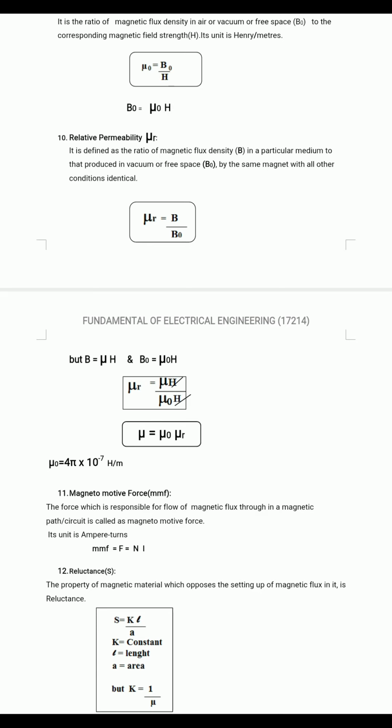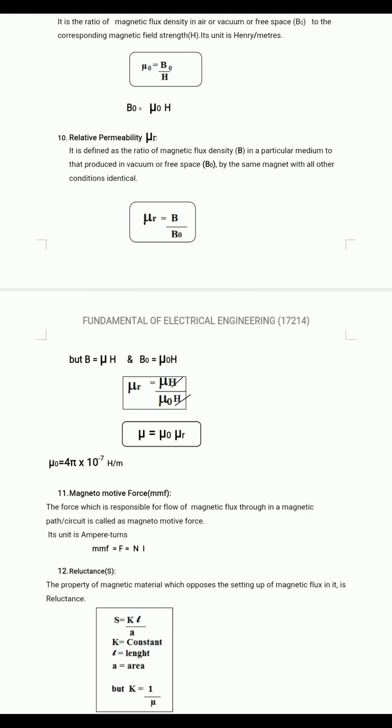We have seen resistance, which is the property of a conductor which opposes the flow of current. In an electrical circuit there is resistance, whereas in a magnetic circuit the magnetic material has the property which opposes the setting up of fluxes. This property is called reluctance.